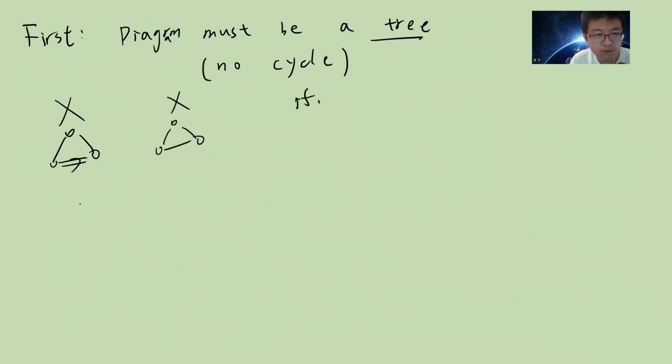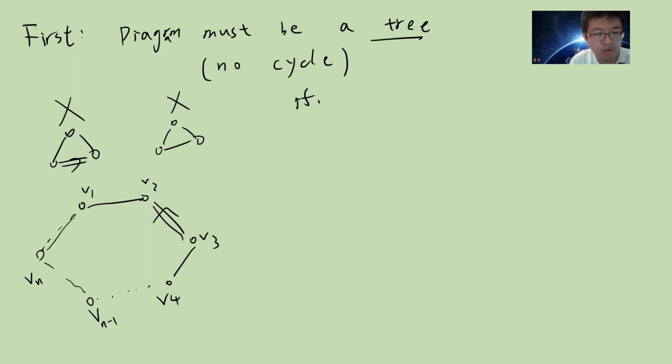Basically, if you start from V1, V2, V3, maybe there is this angle, or this, or whatever, maybe you go V4, and you go to V_{n-1}, and V_n. If there is a cycle, which is impossible, so no cycle.